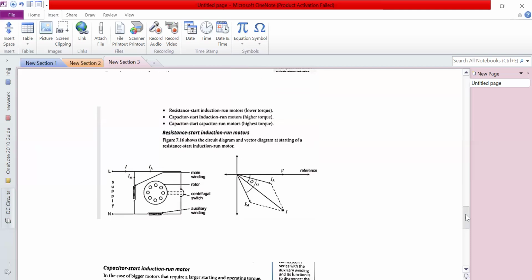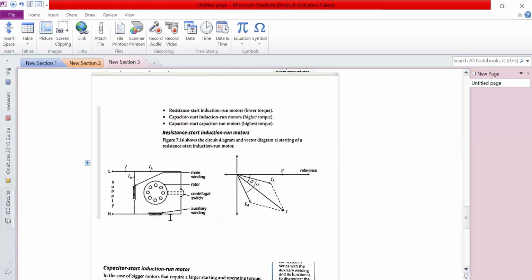You can see from the diagram that this is the main winding, which is made up of a thicker, shorter wire, which has a lower resistance and a high inductance. Then we have the rotor here. Then we also have the auxiliary winding, which is made of a thinner, longer wire with a high resistance and a smaller inductance. This is going to split the phase of the supply current between the main winding and the auxiliary winding.